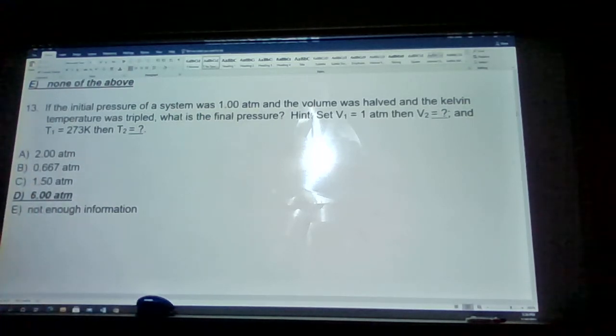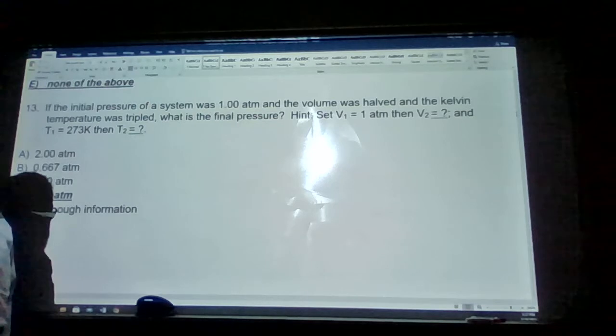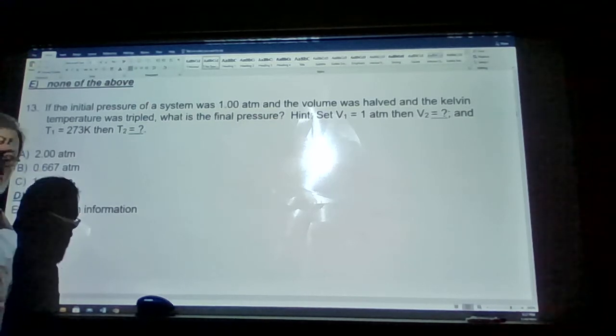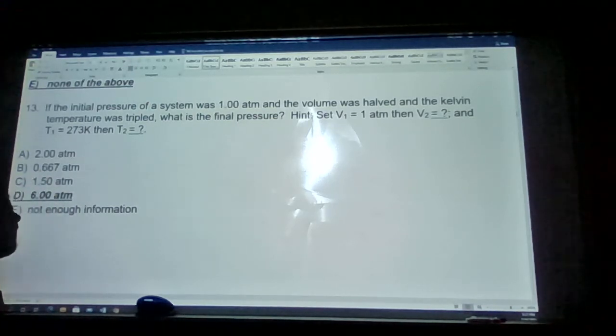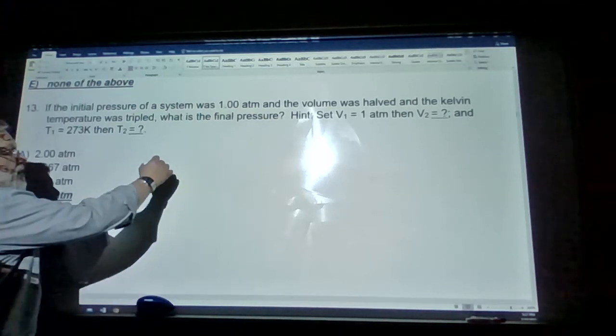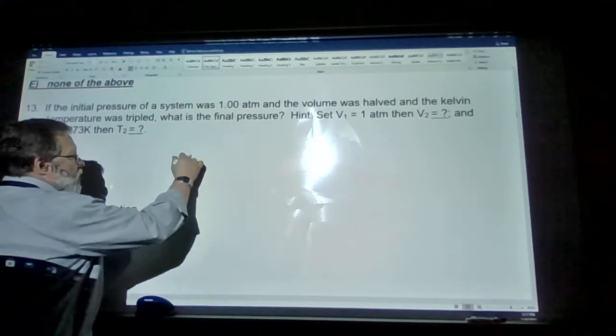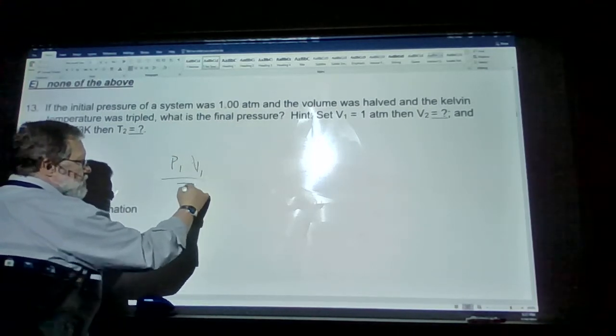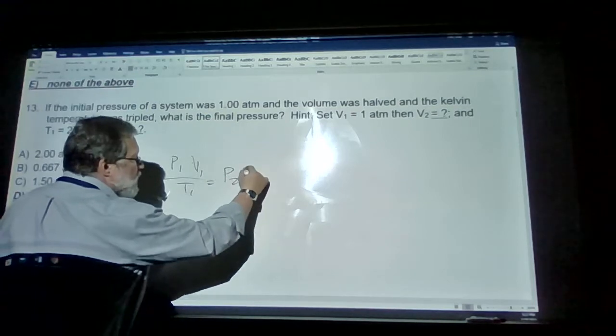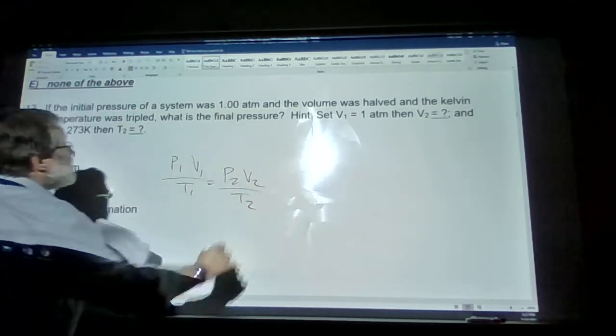Do we have moles? No, so we can't use PV equals nRT. Do we have only pressure? No, we've got pressure, temperature, and volume. So we have the combined gas law: P1 V1 over T1 is equal to P2 V2 over T2.